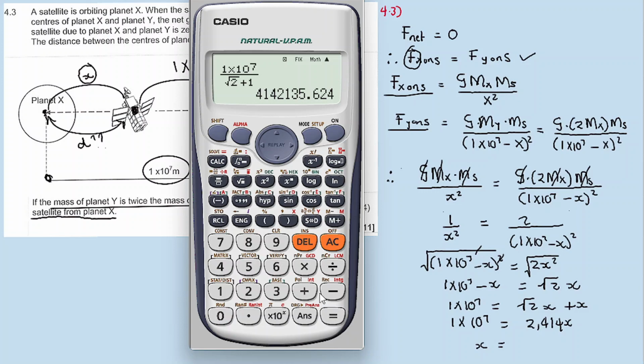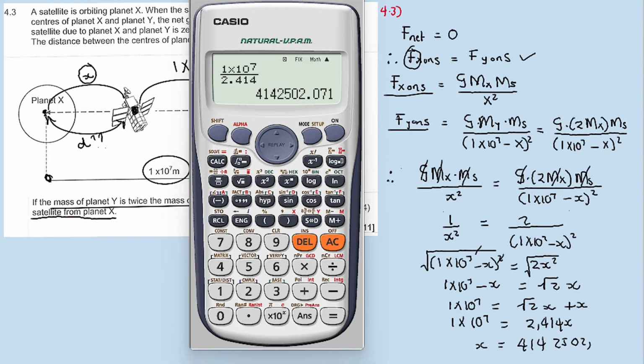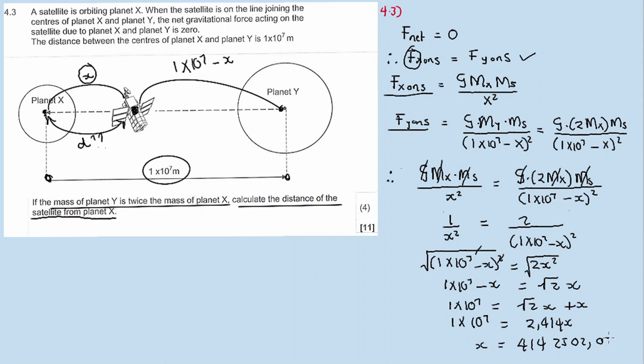Okay, but anyway, we say 1 times 10 to exponent 7 divided by 2.414 equals, now I answer it, it's 4142502.07 meters. So this is the distance between planet X and the satellite.